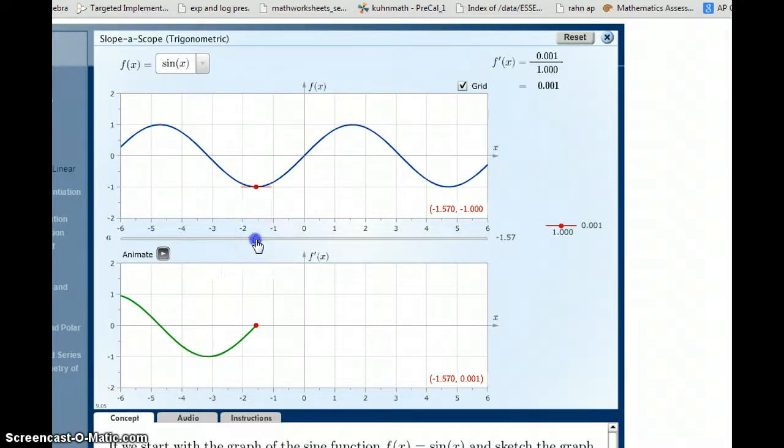And then the slope again turns positive, a lot more positive, and that's going to reach its maximum, and then it's going to be less positive and less positive until I reach the top of the other hill, and that will be 0 again. And then I'm going to do that one more time. Now it's negative, it's become more negative, it's become more negative.